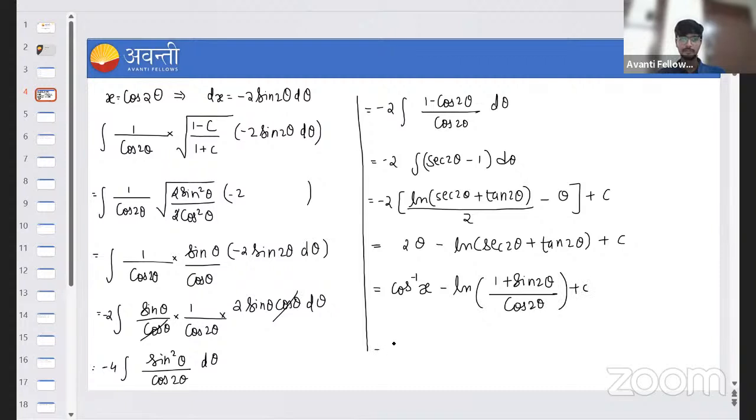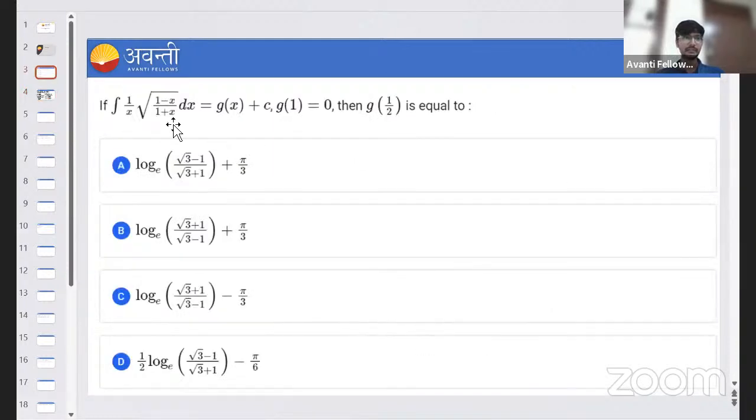So this will be cos inverse of x minus ln of (1 plus sin 2 theta) upon cos 2 theta, where sin 2 theta is under root of 1 minus x square, since 1 minus cos square and cos 2 theta is x, plus c.